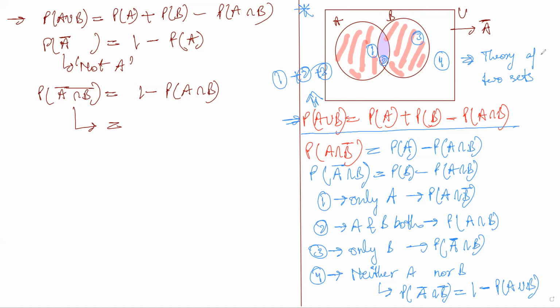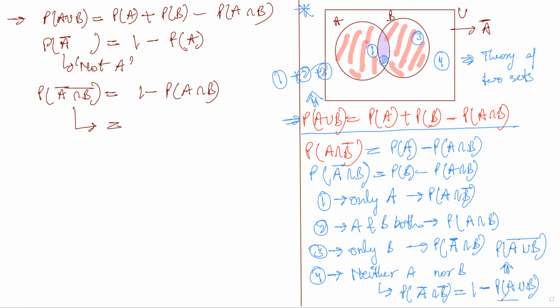So if you subtract A union B, basically the first plus second plus third portion, from 1, you will get this, which is written as, sorry, I'm writing it up. So this is nothing but the probability of A union B whole complement.